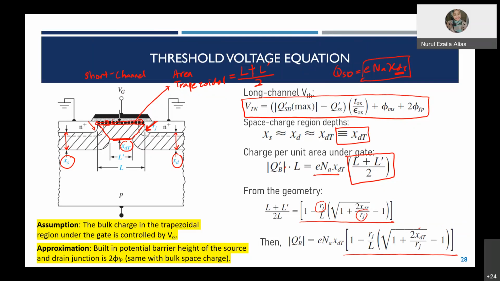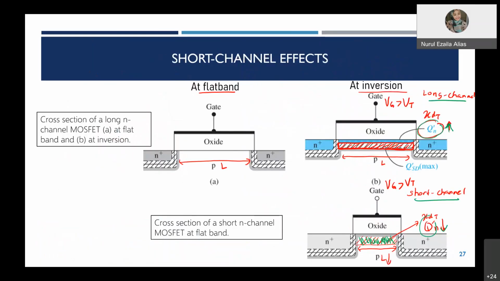All right, so what I'm trying to explain here is that when you reduce the channel length, the behavior is the same. However, the channel area under the gate of the short channel becomes reduced, and the total charge is also reduced.